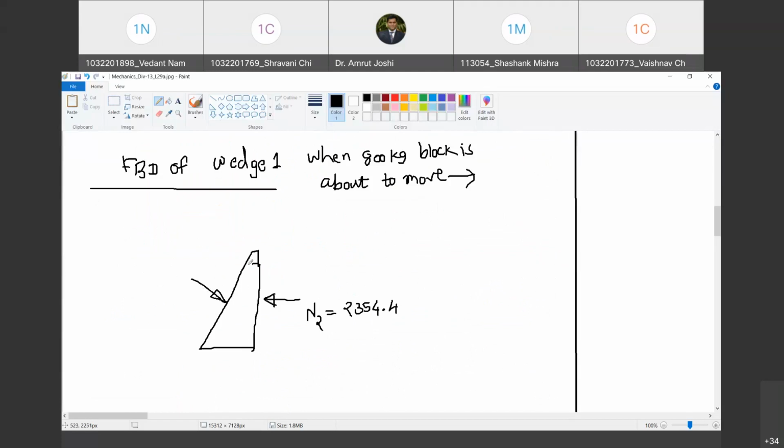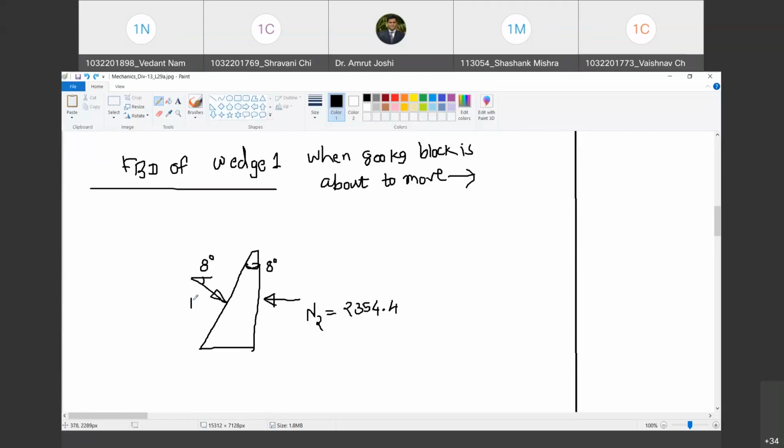Yes, sir. This angle is 8 degree. Happy? Yes, sir. The angle this line makes with the vertical is 8 degree, so the angle the perpendicular to this line makes with the horizontal will also be 8 degree. Are you with me? Yes, sir. I am going to call this N3.